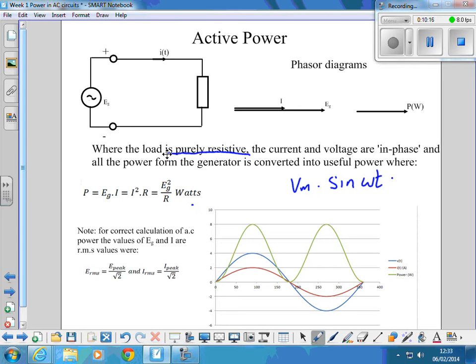So be very careful when you're reading a question as to whether it's talking about the peak value or the RMS values. If you're given a voltage in this form, it must be talking about the peak. If you're told the effective value, you're being given the RMS value.